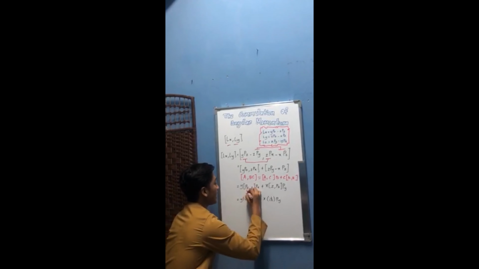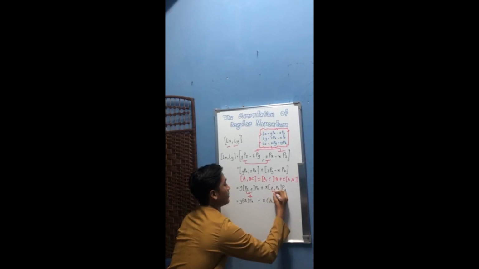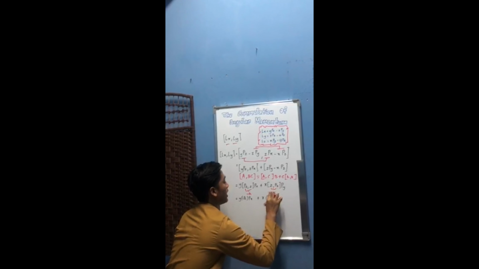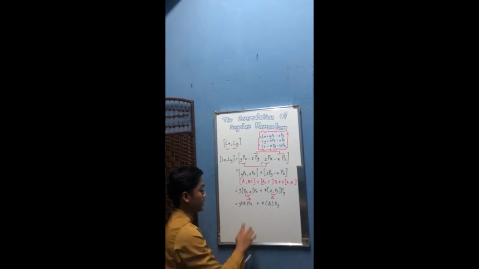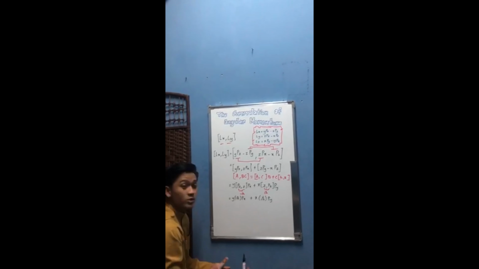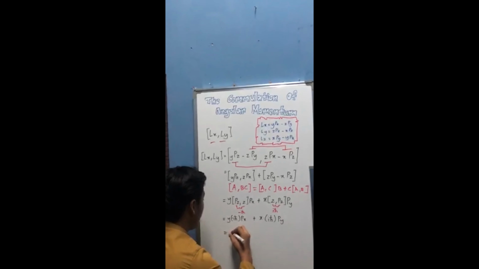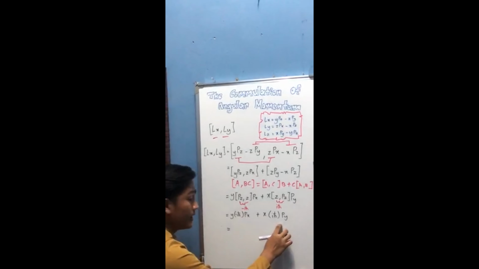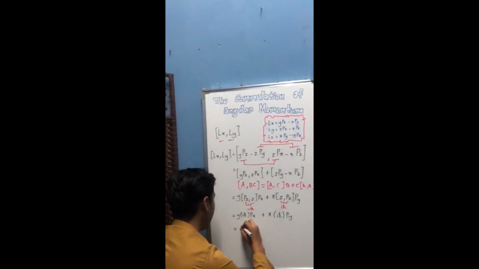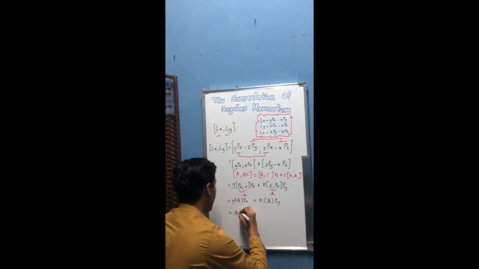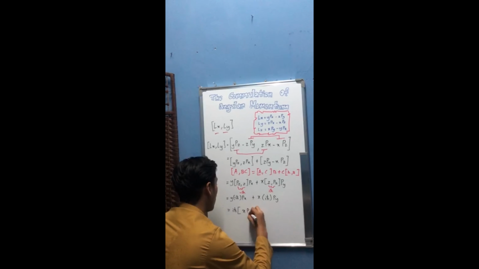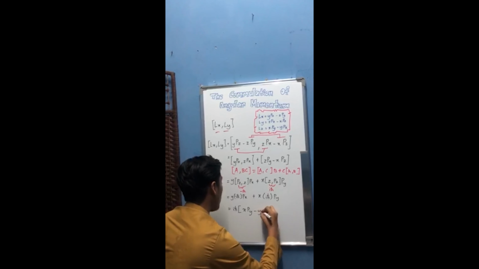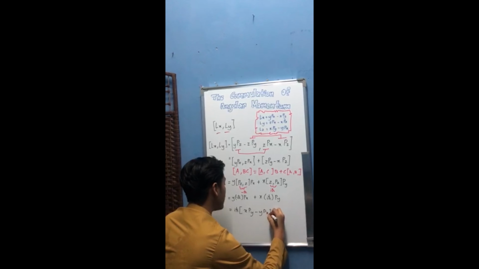We know that [z, pz] is equal to i h bar, and [pz, z] is equal to negative i h bar. That's why we get this. You're almost done. We factorize this equation, and we will get i h bar times (xpy minus ypx).